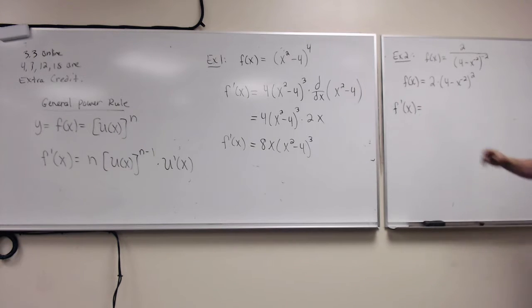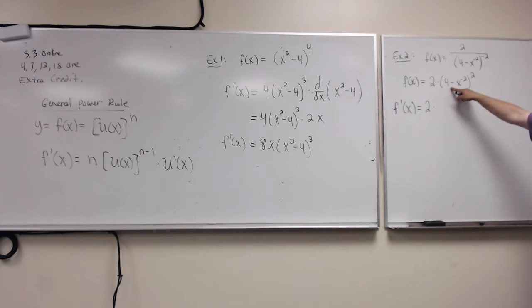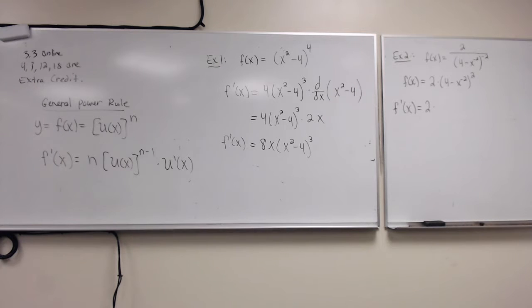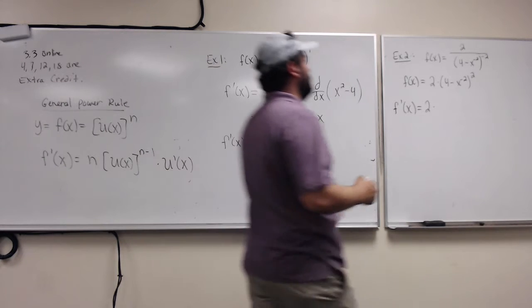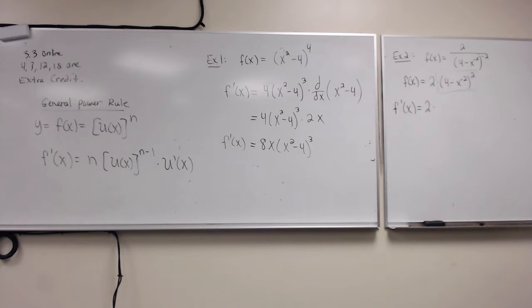So now you're thinking constant multiple rule. I have 2 times the function. The derivative is going to be 2 times the derivative of this function. So we're just taking 2, and we're multiplying by the derivative of that function to the power. Okay, so now we need to multiply by the derivative of this. So what does the general power rule say I can do?